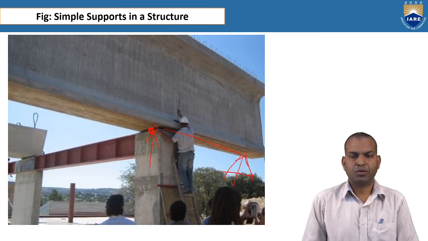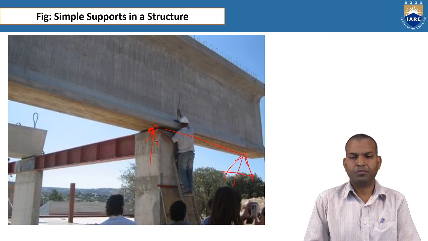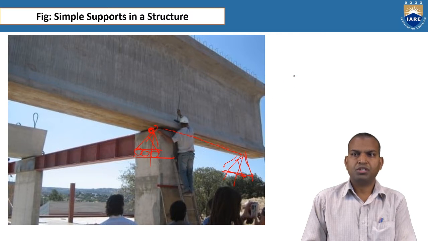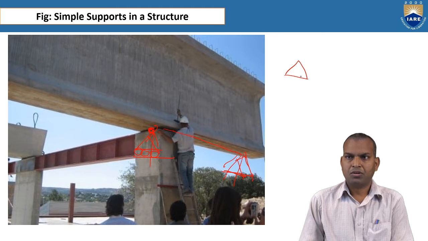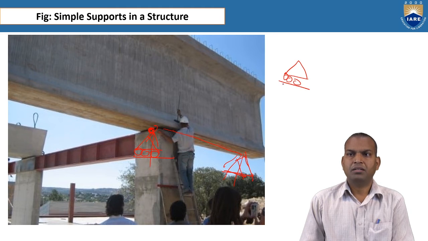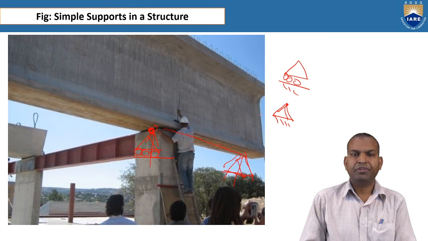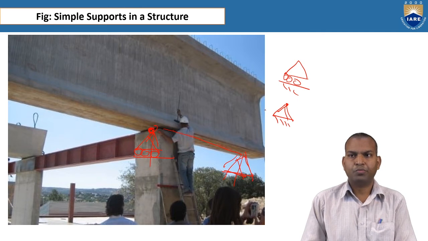A simply supported beam is supported by either knife edge support or roller support. Roller support is denoted by this symbol. Whereas knife edge support is denoted by this symbol in mechanics of solids. This is the knife edge. What is the contact between the roller support and knife edge support to the beam?